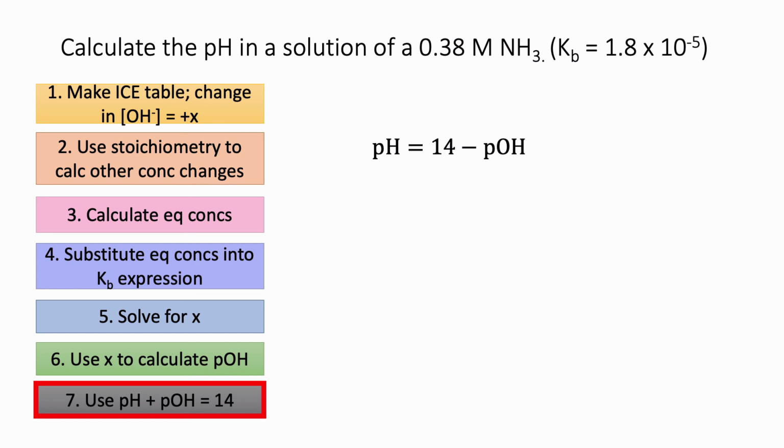Now I've rearranged that to solve for pH. So let's plug in our pOH value and run it through the calculator, and we get a pH value of 11.42. Does that make sense? Well, 11.42 is a very basic pH, and so yes, that does make sense.